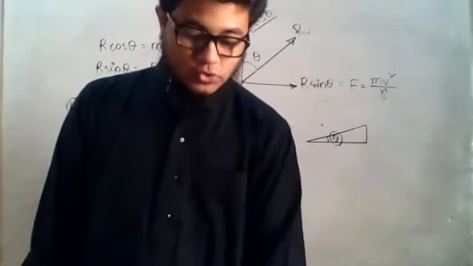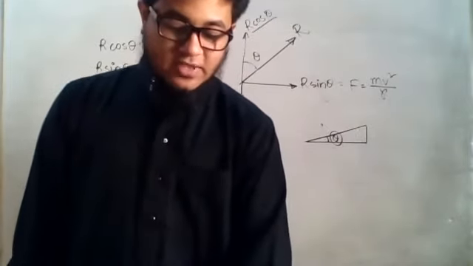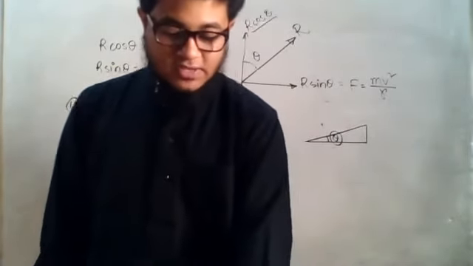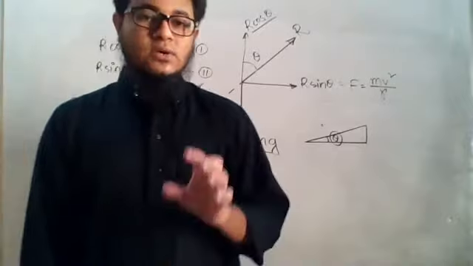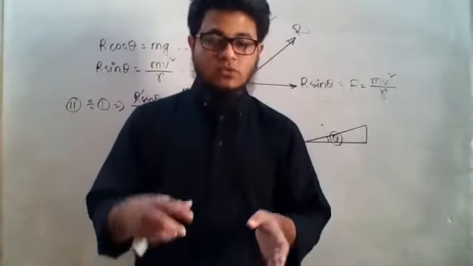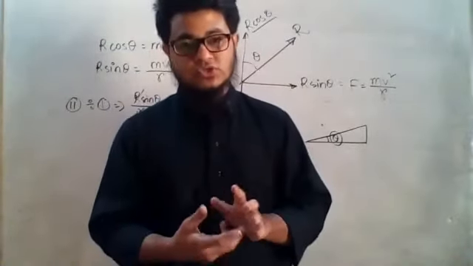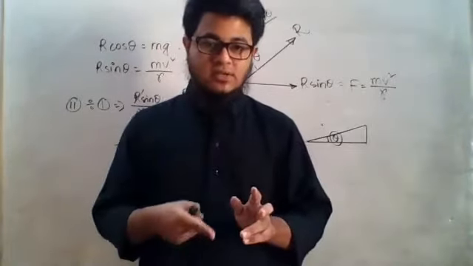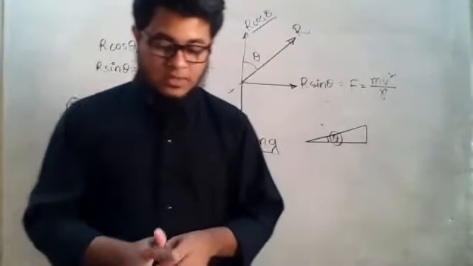From figure 4.22, it is seen that the weight of the vehicle W is acting vertically downward. Always, the weight acts vertically downward. Even though the body is in a slightly inclined position, the weight will always act vertically downward. Remember this.